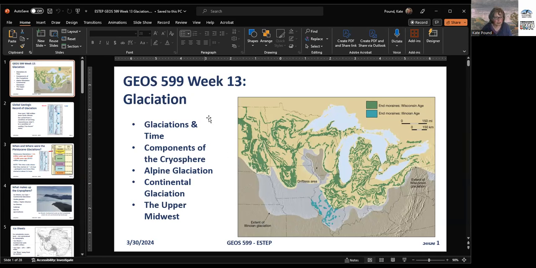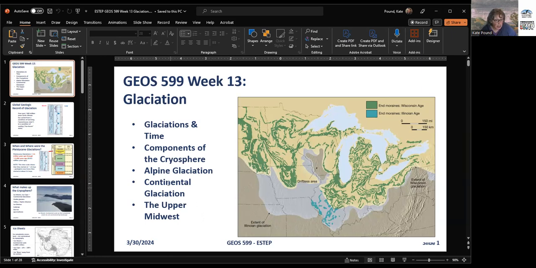What I want to focus on now is how we're going to investigate glaciation. So we're going to start by looking at glaciations and time. Then we're going to briefly review the components of the cryosphere. We'll talk pretty briefly about alpine glaciation.